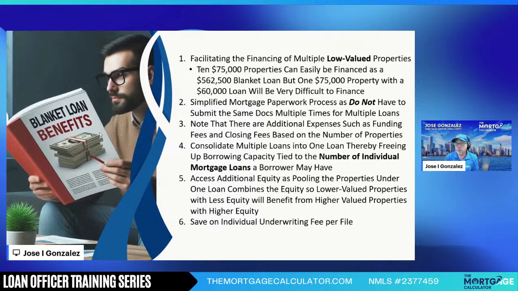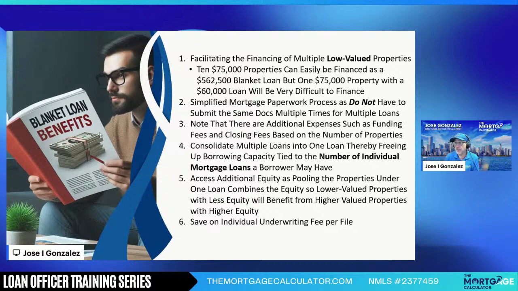So, for example, we can definitely do a blanket loan for 10 properties that are $75,000, which can be financed as a $562,500 blanket loan, right? We group them together. However, one $75,000 property with a $60,000 loan will be very difficult to finance, especially if they're looking to do DSCR, as our lowest loan amount for a DSCR loan is $75,000.